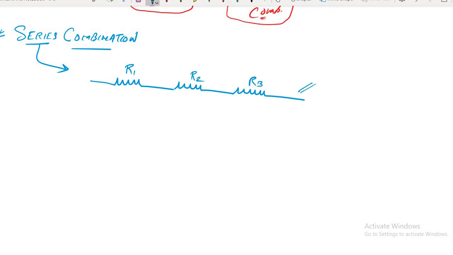This type of connection is called series combination. Always remember, suppose current is going by this path. Whenever current enters a resistance, take this side as positive, and when current leaves the resistance, take this as the negative side. Is that all right?